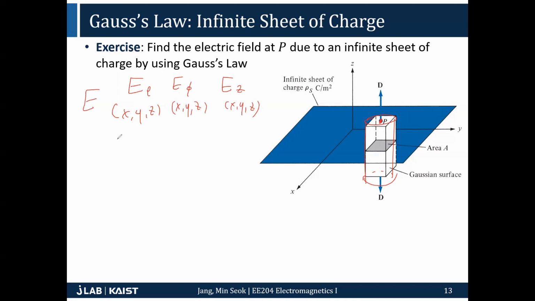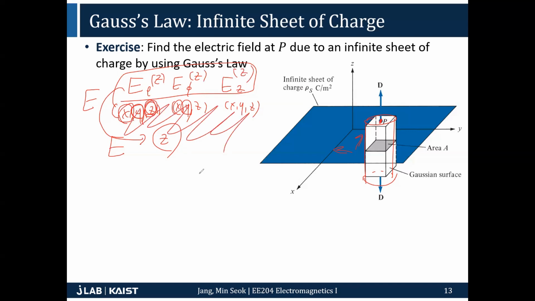We know that all these components can only depend on z, because we have xy translational symmetry. If we translate in xy, the charge distribution doesn't change, so it should not depend on x or y. But z is an independent coordinate, so it can depend on z. In the end, if you actually solve the problem, it doesn't even depend on z, but we cannot rule that out from the beginning, right? So E z is possible.